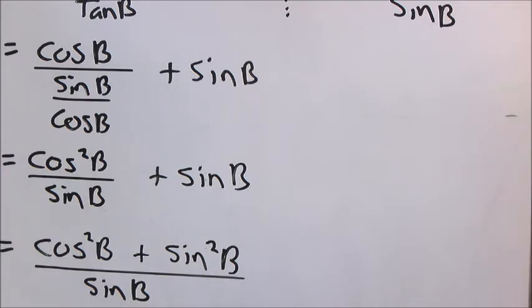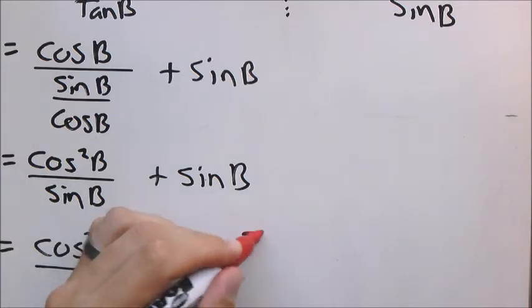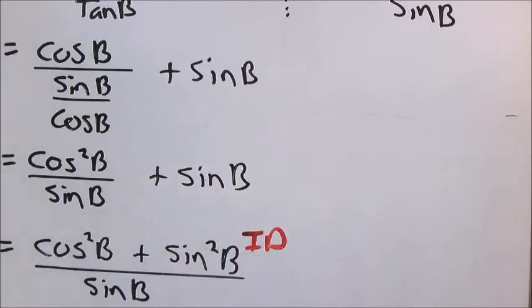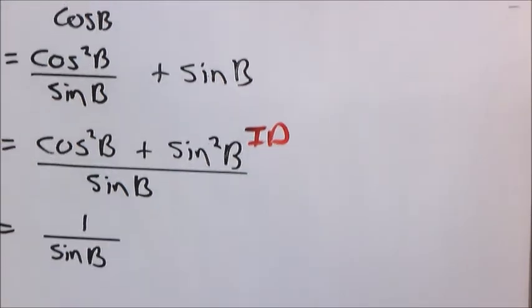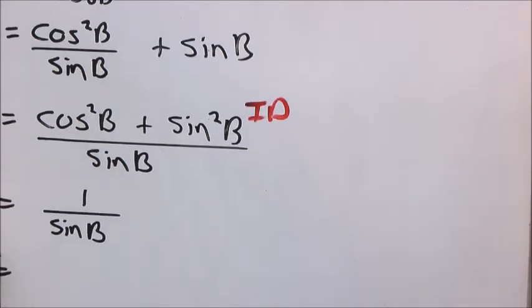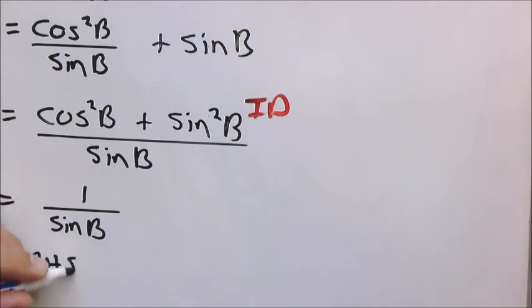And yes, then we see we have our square identity that we can apply there, and that makes the numerator equal to 1. The denominator is still sine beta, and that is equal to our right hand side.